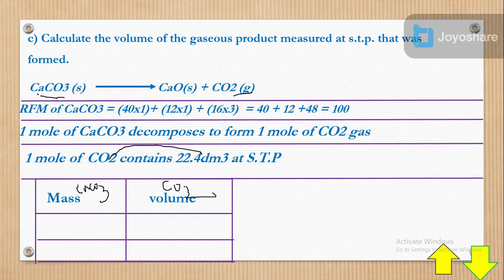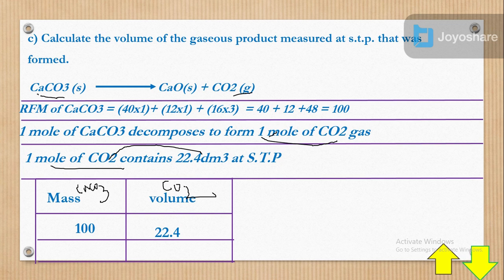So 100 grams of calcium carbonate produce 22.4 decimeters cubed of carbon dioxide. Why? Because 1 mole of calcium carbonate produces 1 mole of carbon dioxide gas, so you can rate from here. I've explained that. So 100 produces 22.4.